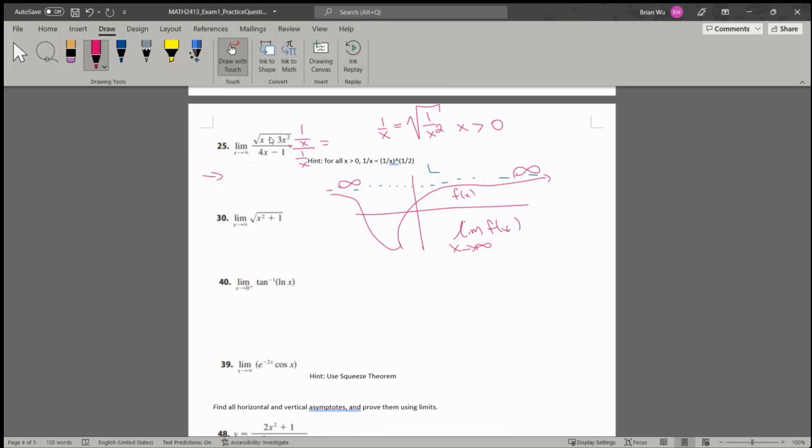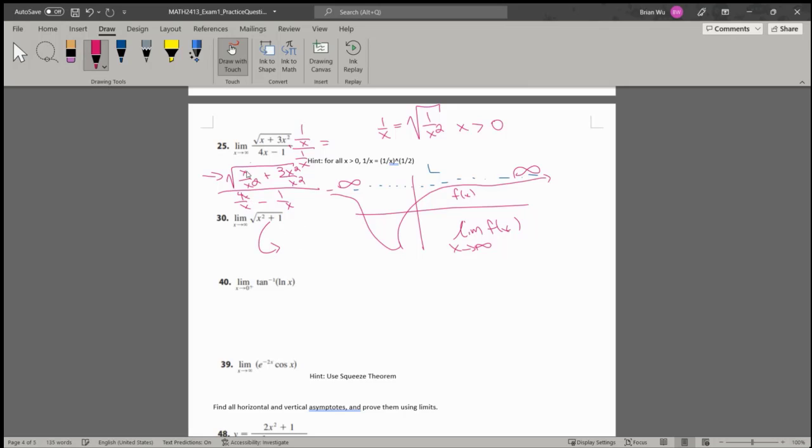And so we can use this equality to put this reciprocal into the square root. That will look something like x divided by x squared plus 3x squared divided by x squared. And the bottom will be 4x over x minus 1 over x.